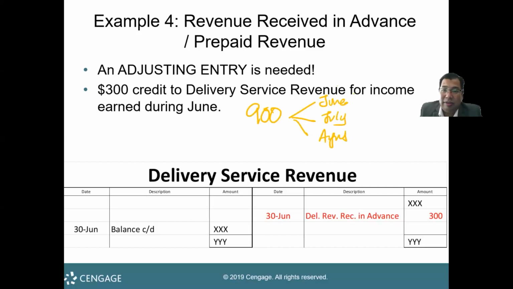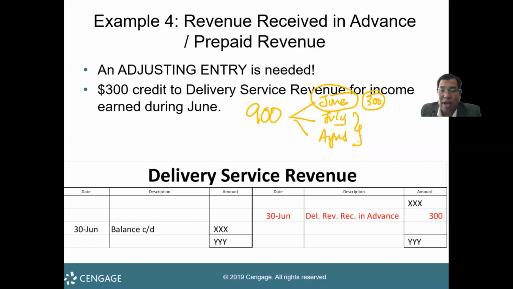So we delivered the service for the month of June. We performed the service, so from the 900, we should record the 300 in our revenue or income account. So this is our revenue, 300, whereas the 600 is still considered accrued revenue or still our liability.